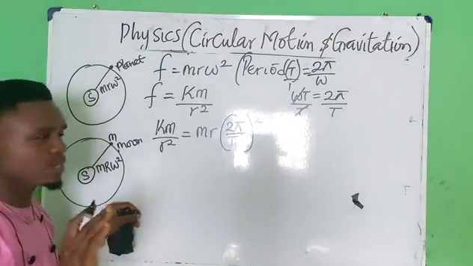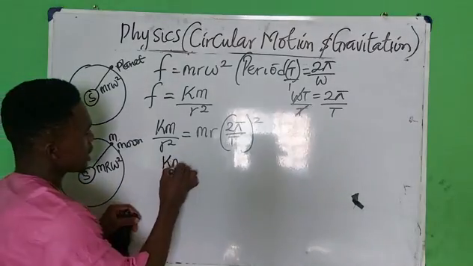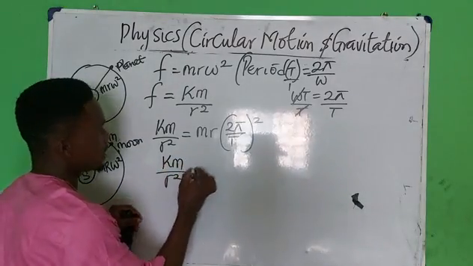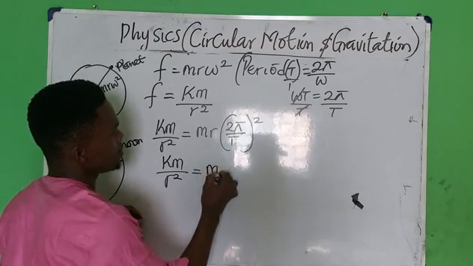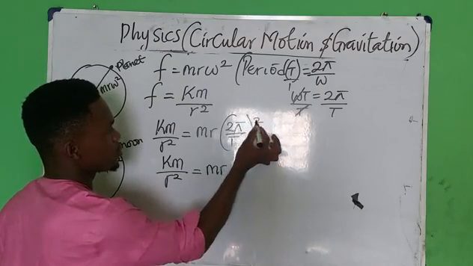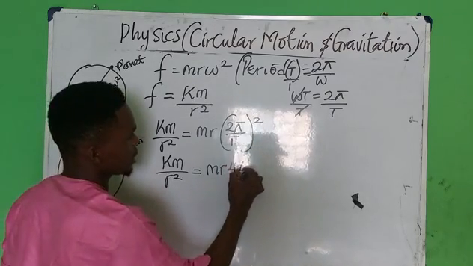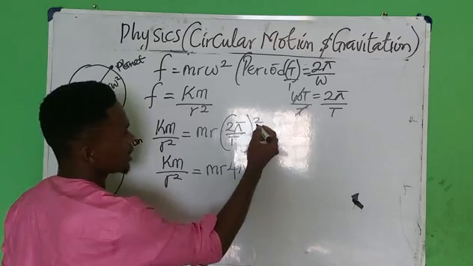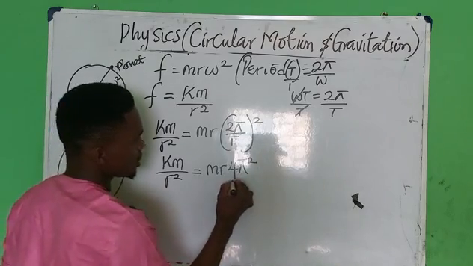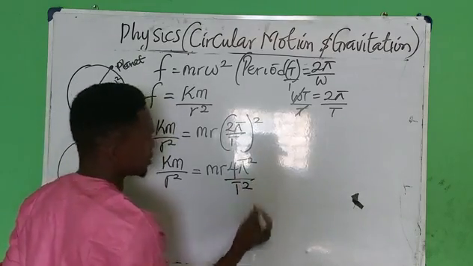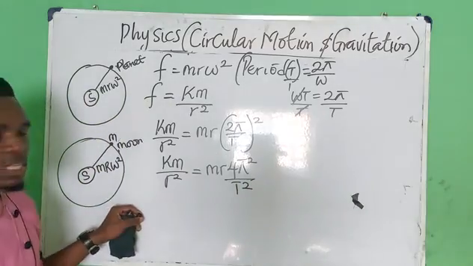So it becomes Km over r squared equals mr times 4 pi squared over t squared. I believe it's clear enough.